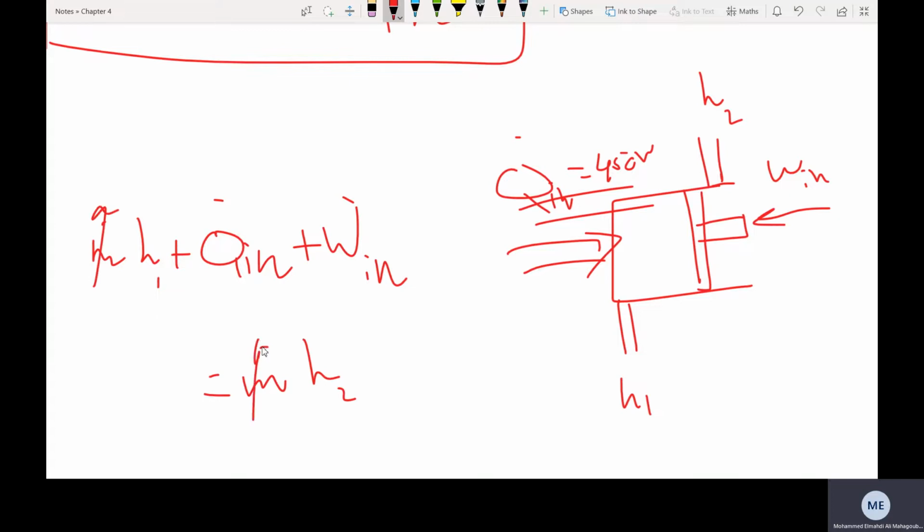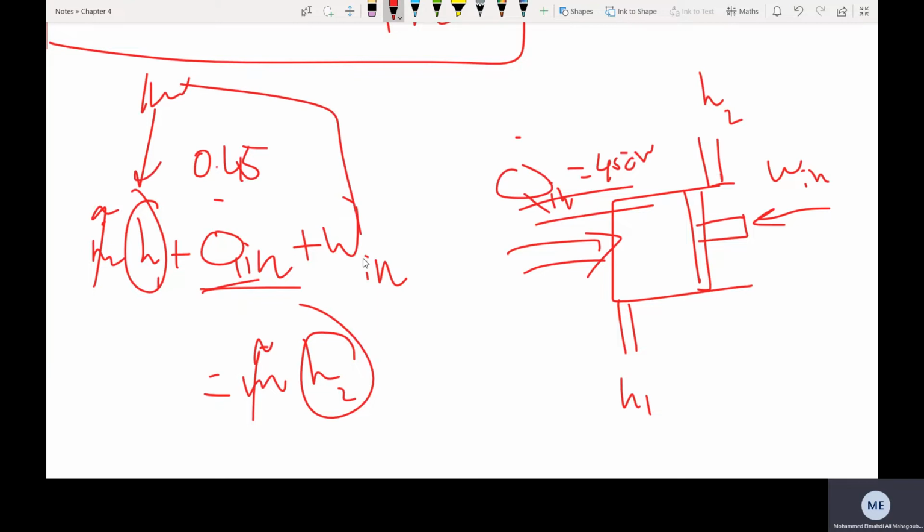I know the mass flow rate, H1, H2, and the heat, which I put as 0.45 because I'm always dealing with kilowatts, and I need the work in kilowatts.